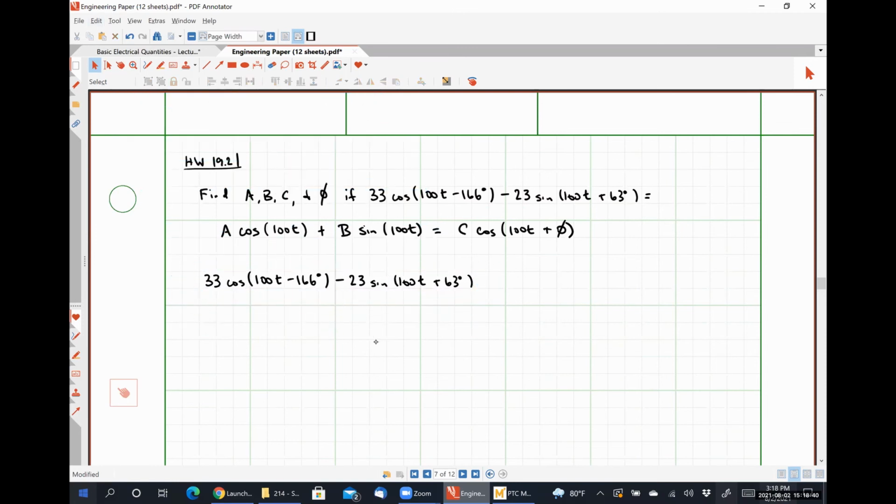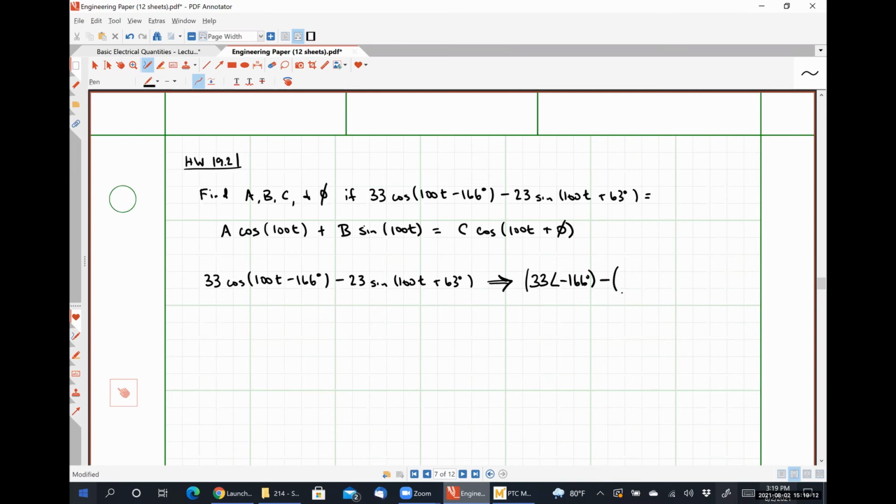So the 33 cosine(100t minus 166 degrees), what is that going to be expressed effectively as a phasor? Should be 33 angle negative 166 degrees, minus.